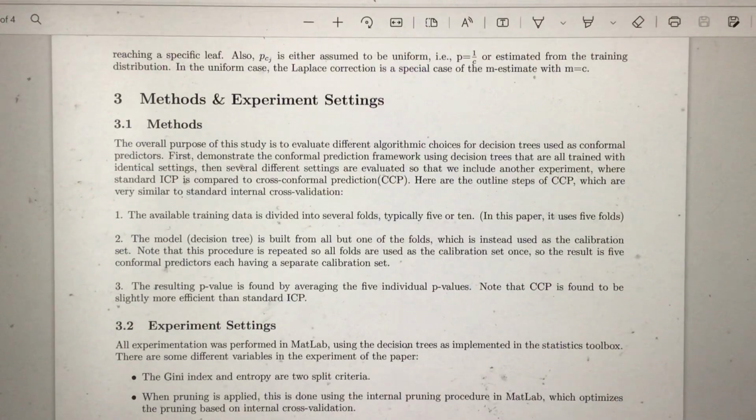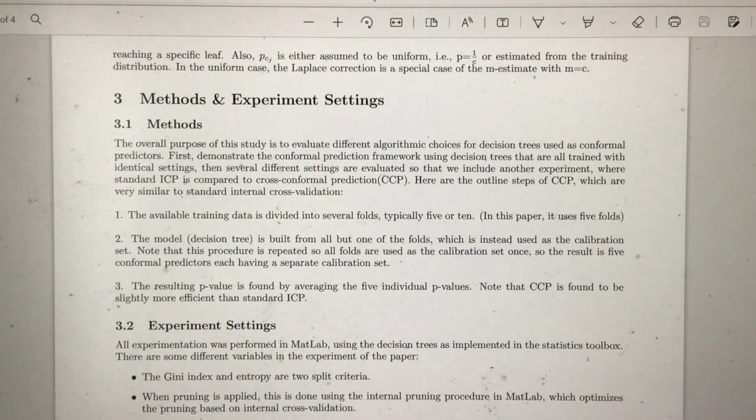The model, here a decision tree, is built from all but one of the folds, which is instead used as the calibration set. This procedure is repeated so all folds are used as the calibration set once. The result is 5 conformal predictors, each having a separate calibration set. The resulting p-value is found by averaging the 5 individual p-values. Note that CCP is found to be slightly more efficient than standard ICP.